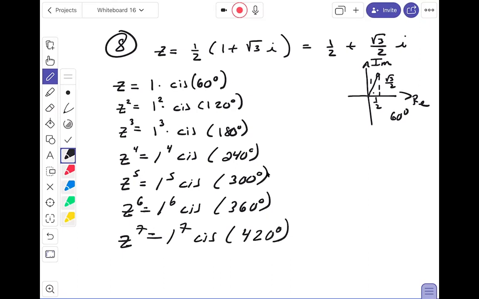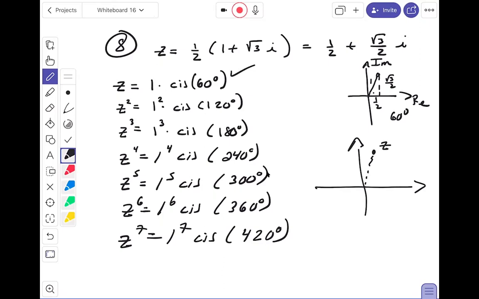Okay, let's visualize. What's nice about these things? Everything in front is a 1. That's a directed distance. We've got to find the angles now. So 60 degrees, I'm going to say you go out 1, it's right here. That's z. Then 120. Now, what do you got?